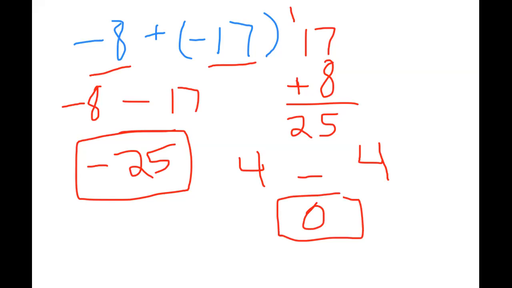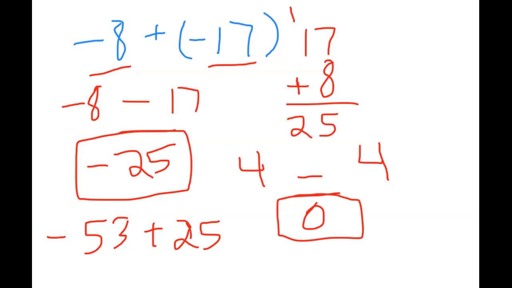Now, if I did something a little bit more complicated here, let's just say I did minus 53 plus 25. If I'm going to subtract these, I can't do 25 minus 53, because I'm doing the absolute values.